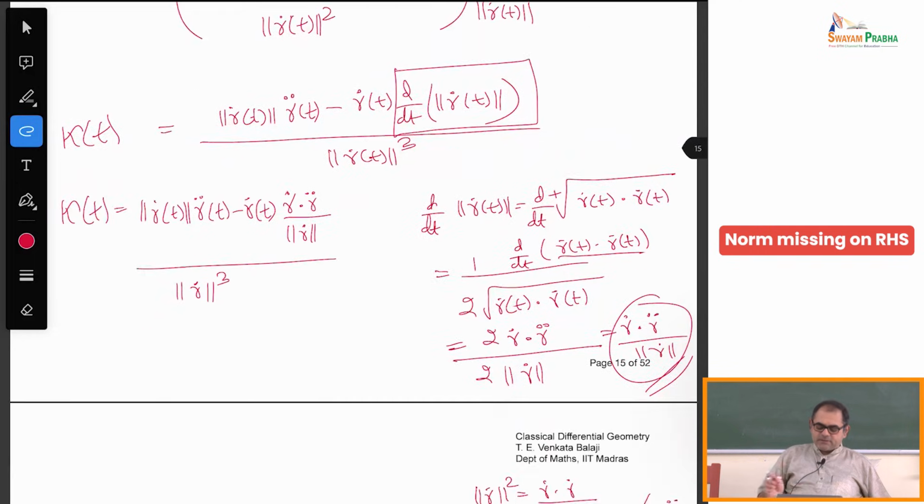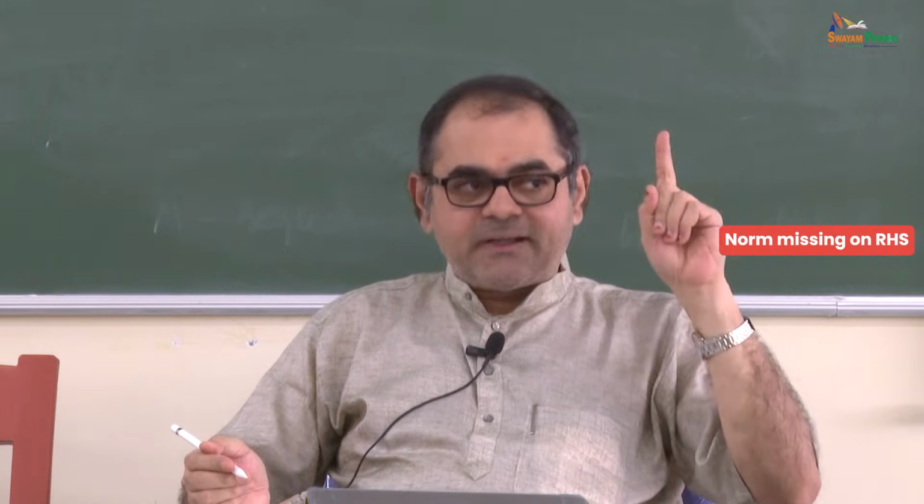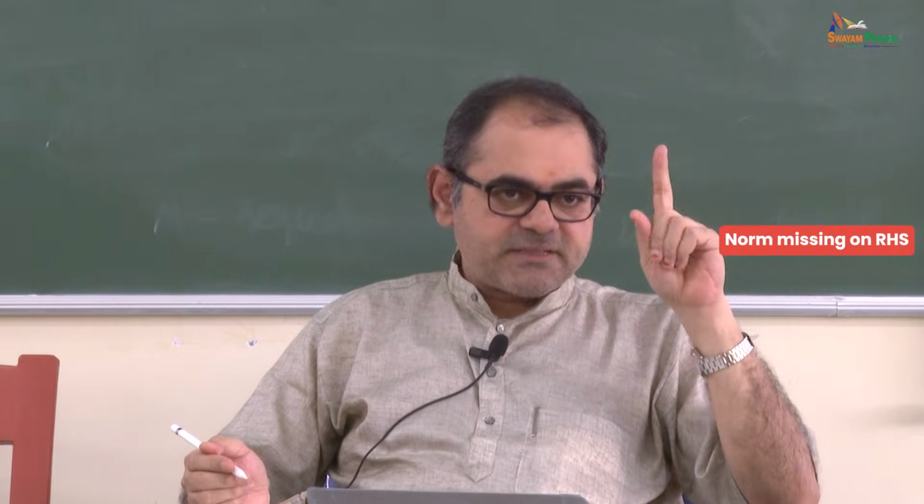So I am going to just suppress the t in gamma of t, gamma dot, gamma double dot, and all that. Always remember that the dot is with respect to t, and t is the variable for the small gamma. For the capital Gamma, which was the unit speed parametrization, the dot represents d by du, and u is nothing but the arc length s of t.